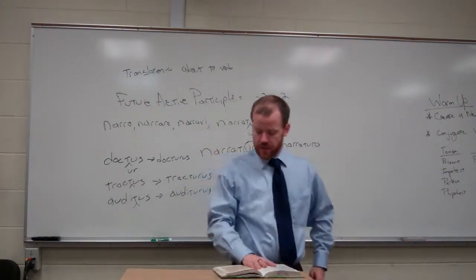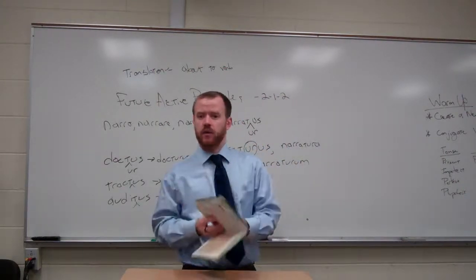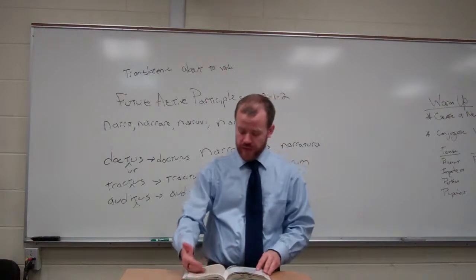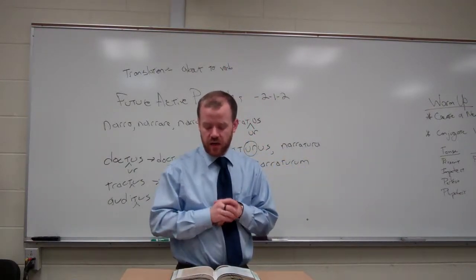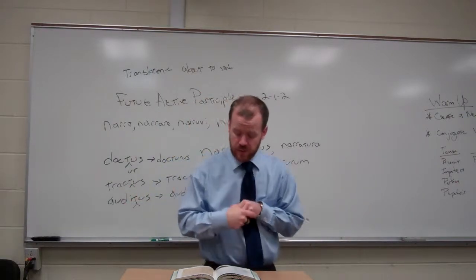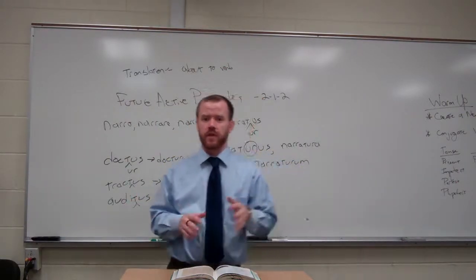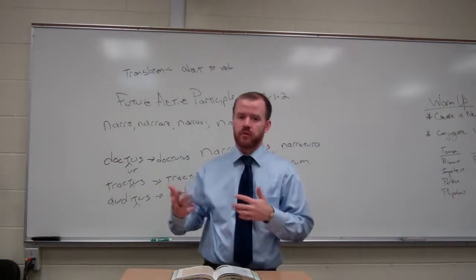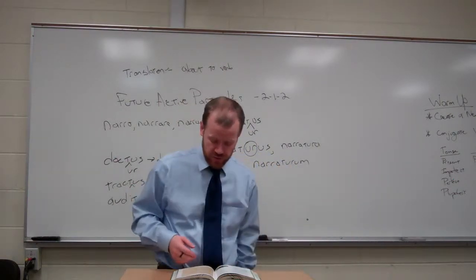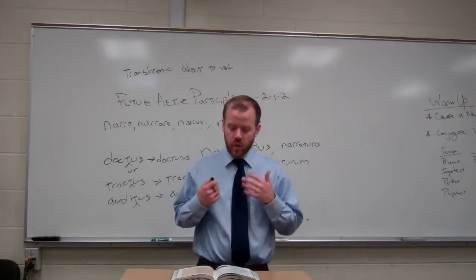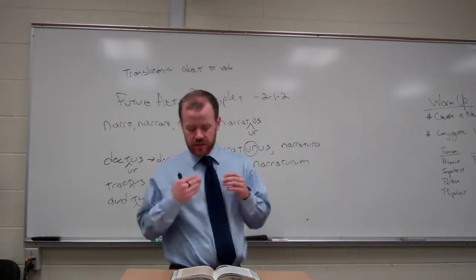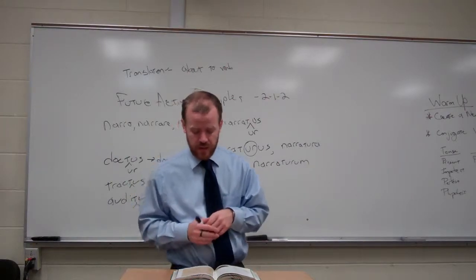If you go to page 243 in your textbook, you'll see a couple of great example sentences in part B that deal with the future active participle. We're just going to go through one here on the video, but feel free to go through more on your own and bring in any questions you have. So, the first one, Nunc ego vobis cenam splendidam daturus sum.